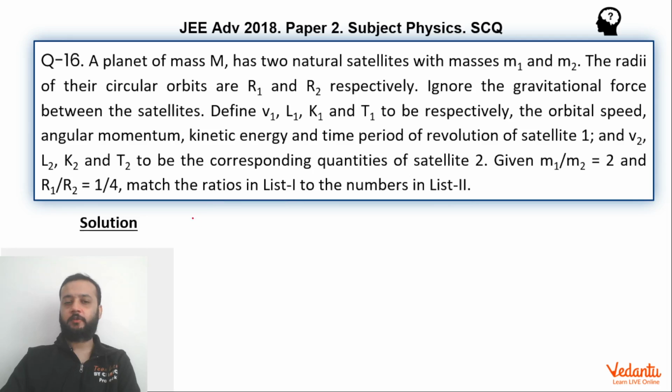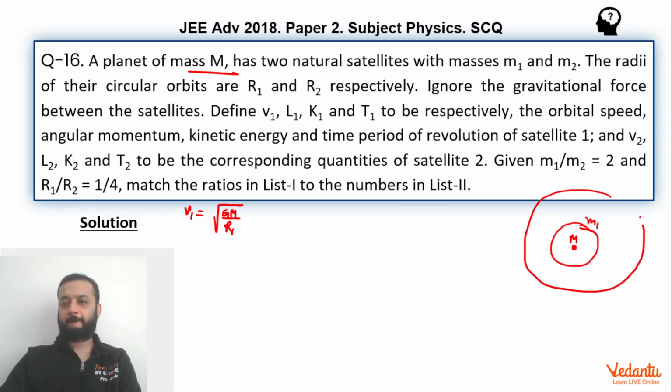Let's first find the value of orbital velocity. We know v1 can be written as root of GM by r1, where M is the mass of the central planet. If you try to see the figure, this is the planet of mass M, this is m1, and this is m2 in the radius r2, and this radius is r1.